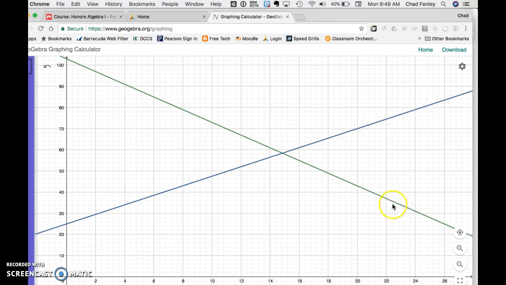So when is the green line less than the blue line? In our terms, when is it below? Everything above is greater, this is when it's below. So the inequality would read when the blue line, 25 plus 2.25x, is greater than the green line, 103 minus 3x.